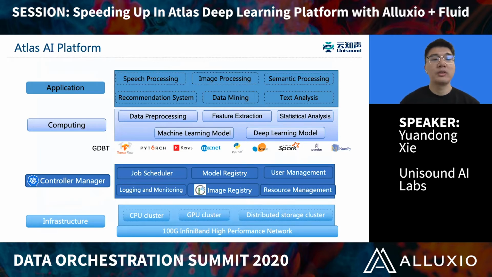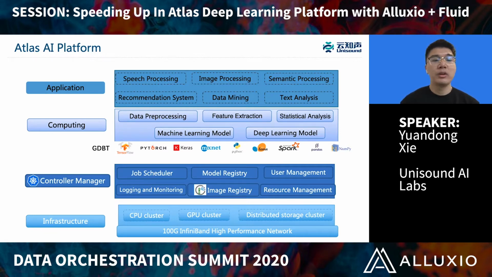As a speech company, most of the business comes from speech processing, but we are also actively expanding other business such as computer vision and natural language processing. So there are a variety of training jobs running on the platform, such as speech processing, image processing, semantic processing, recommendation systems, data mining, and text analysis.